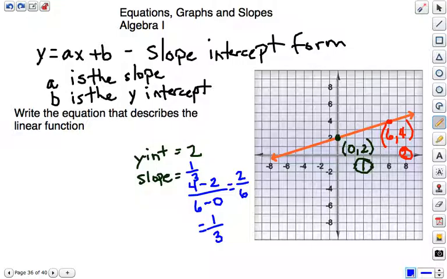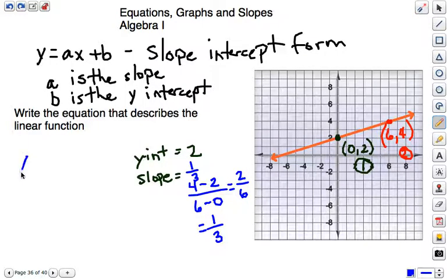Now we can also check that by starting at any point on the line. So let's say we're starting here, and we should be able to rise 1 and run 3. So up 1, and then I'm going to run 3: 1, 2, 3. So that checks out. Okay, so I know that my slope is correct. Always double check your work.